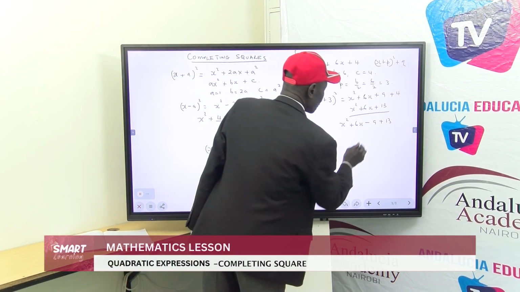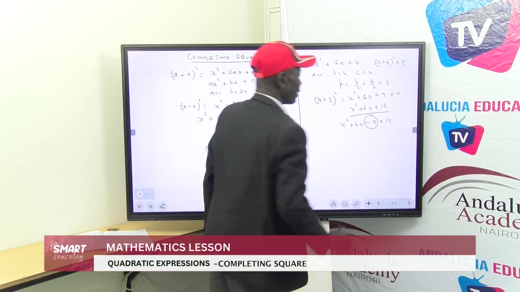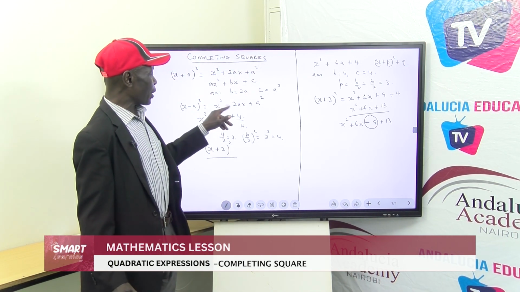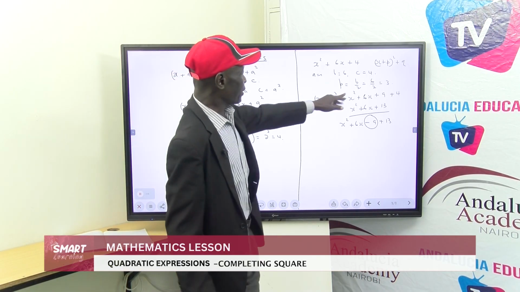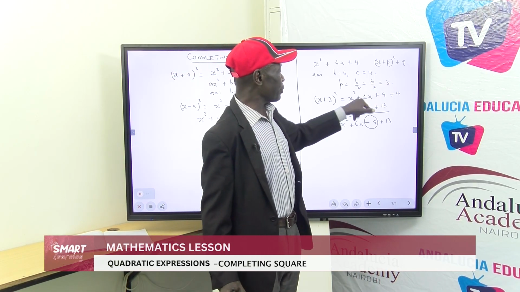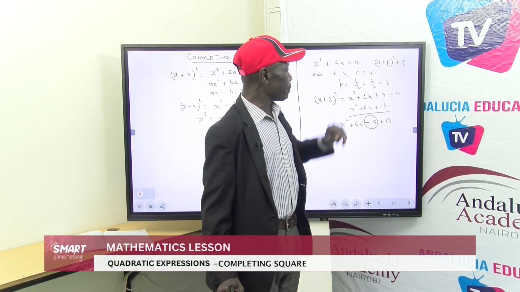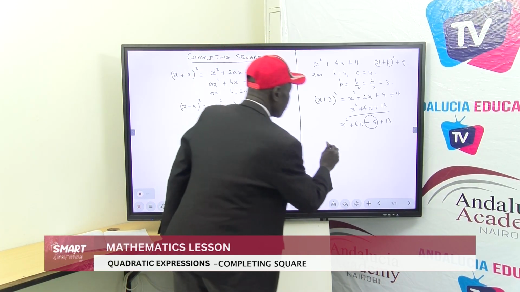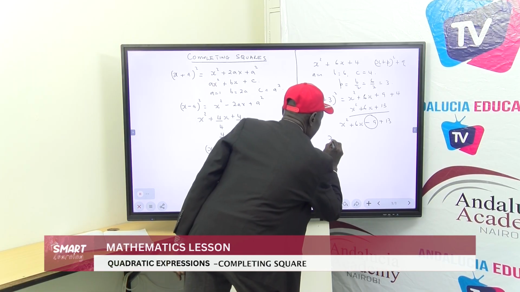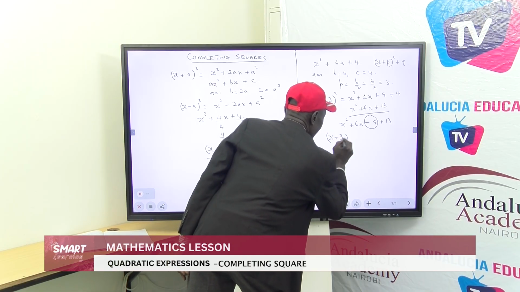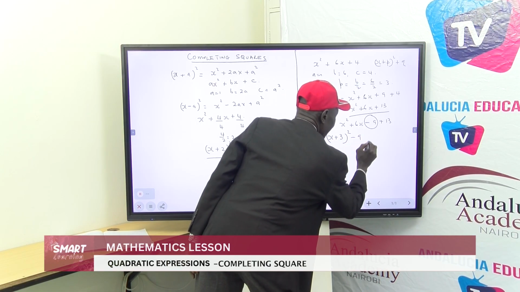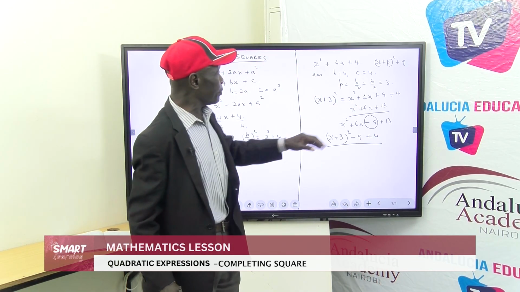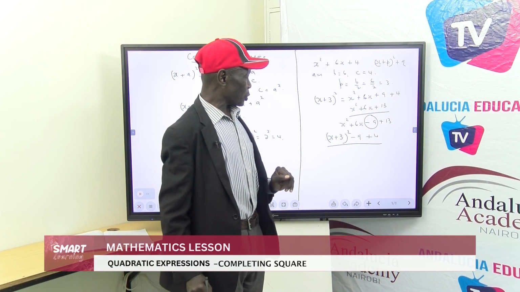So let's try to look at what this negative 9 represents. If you see carefully, our factor is 3. And we got 3 by dividing 6 by 2. So if I can write x plus 3 squared minus 9 plus 4, this is exactly the same as my original equation.